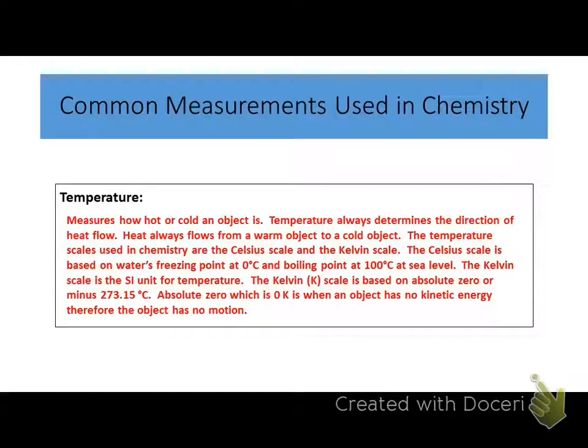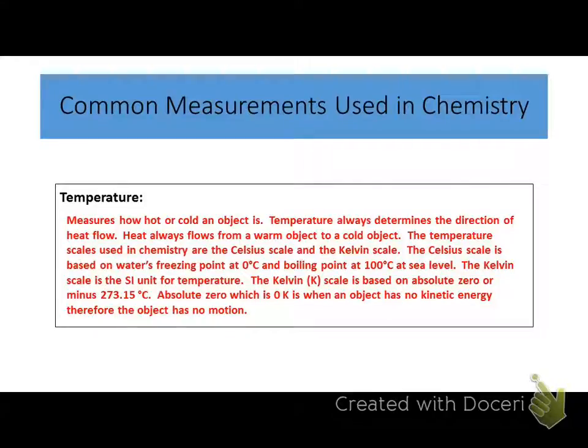You really need to know what the Celsius scale is based on: water's freezing point and boiling point, and what those values are. And just remember that this is at sea level, not here in Utah, where we have a higher elevation. Water boils at a different temperature, lower than 100 C. So it has to be at sea level.